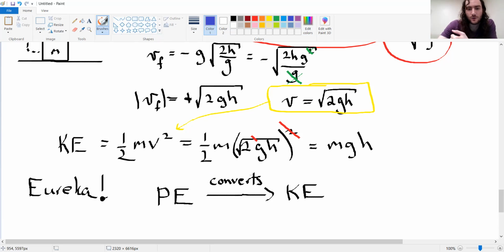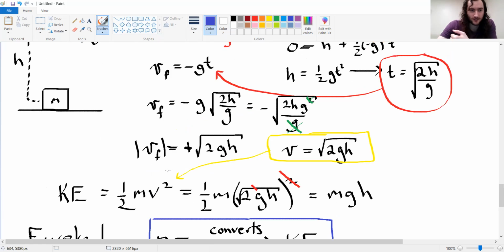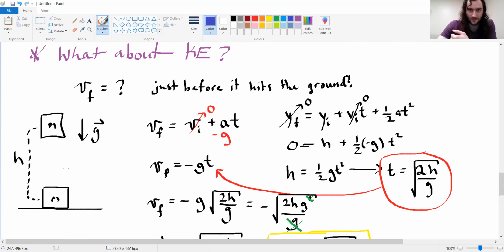And the other thing is too, you can flip this problem upside down. You can come back up here to this mass, and you could imagine that you blasted this thing like out of a cannon, right? So you point your cannon vertically like this, and you shoot this mass upward with an initial velocity, which is equal to the square root of 2gh.